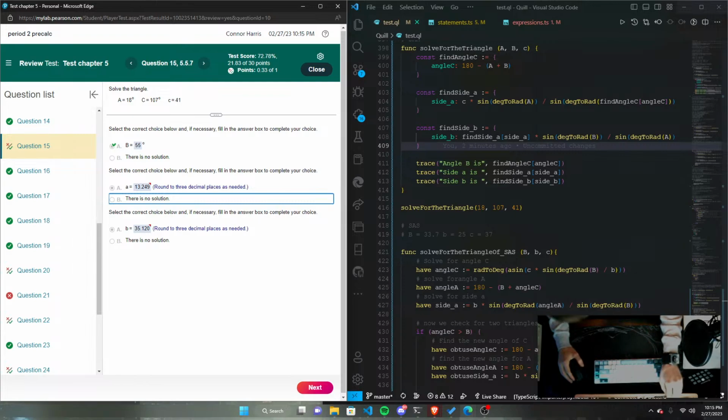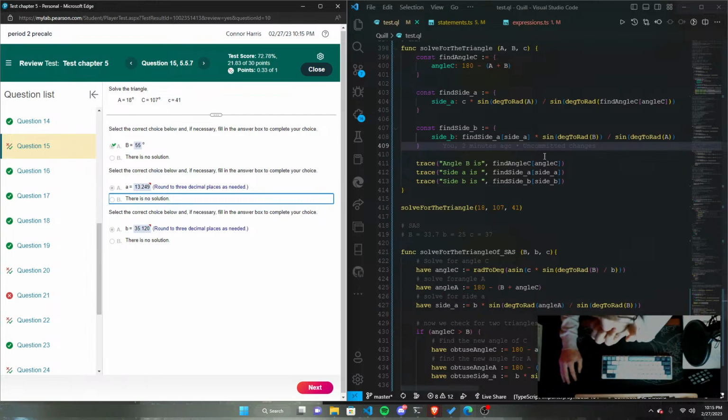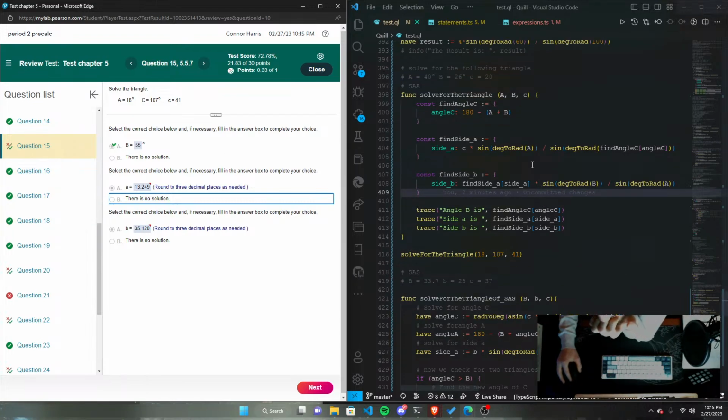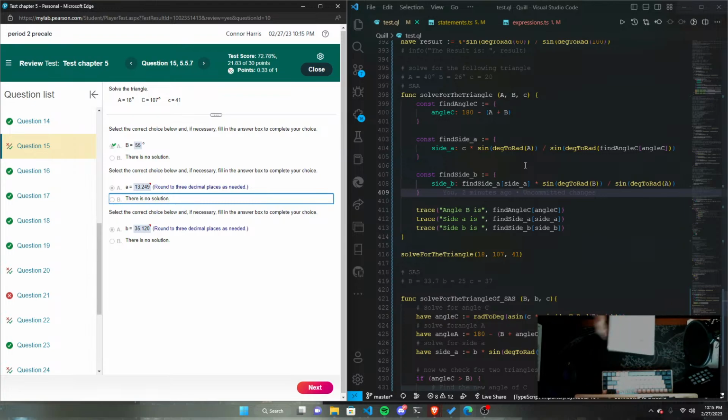What am I doing? A. I started taking the derivative for some reason. Oh, that's not good. So it's a sine of 18 is equal to a sine. Oh wait, we cancel the a. I'm so stupid. Sine of 107 over 41.